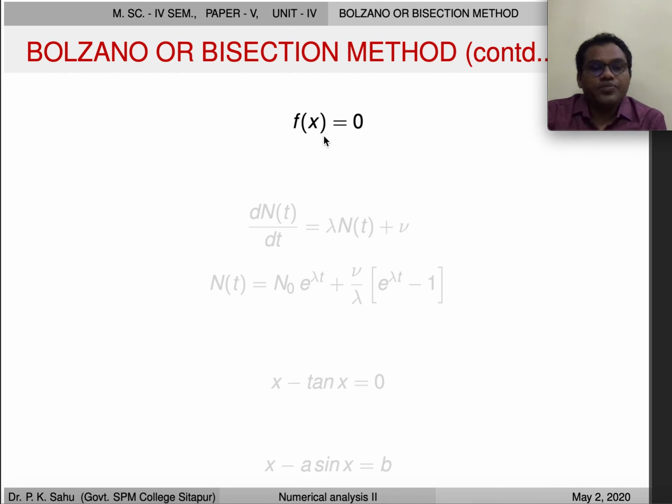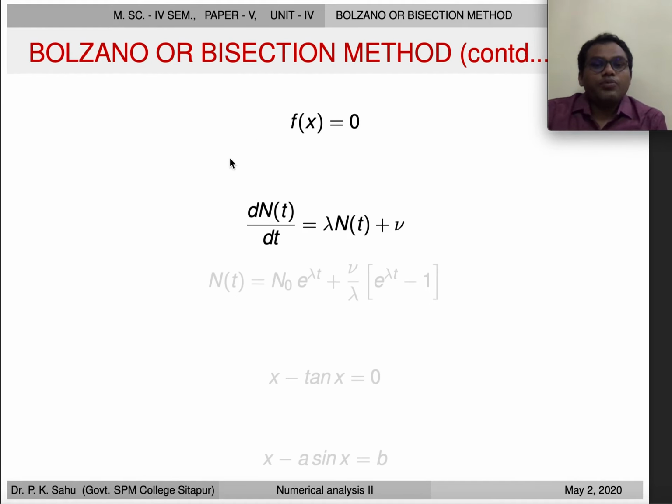For example, we can model population growth by this differential equation. Here the population growth varies continuously with time, and the rate at which the population changes depends on the birth rate lambda and the rate of immigration mu, and it is proportional to the number of population at that time.